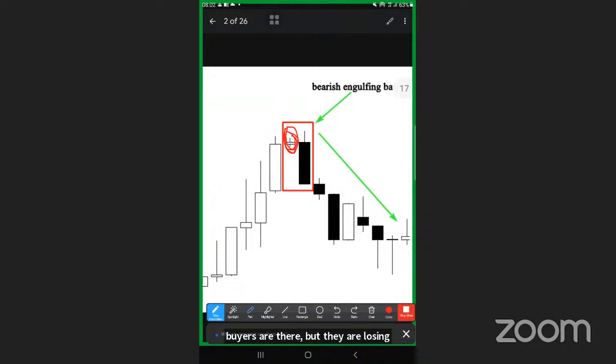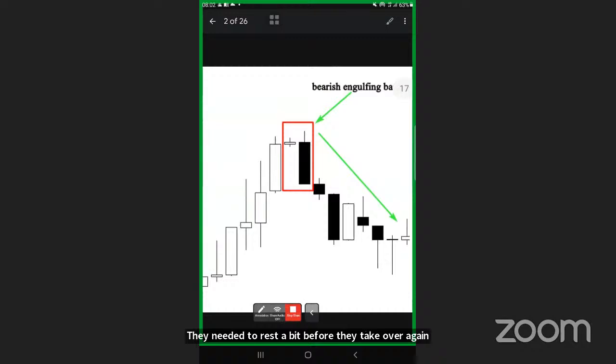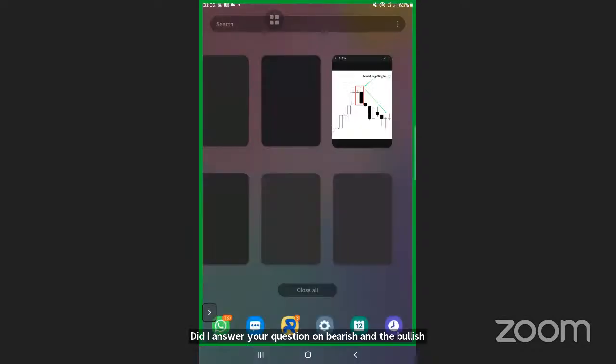They cannot press the price continuously up. Their energy is exhausting around here. They need to rest a bit before they take over again further up. Did I answer your question on bearish and bullish engulfing bars? Is that okay?